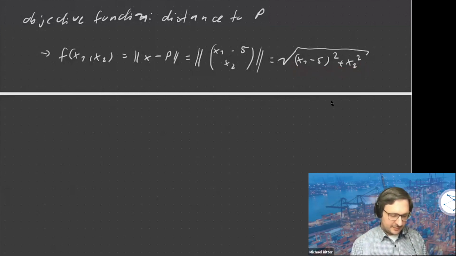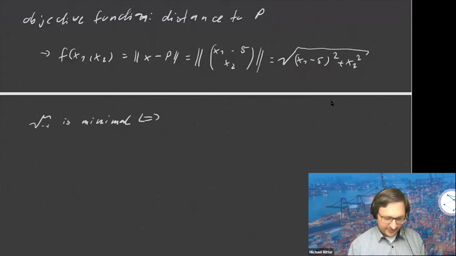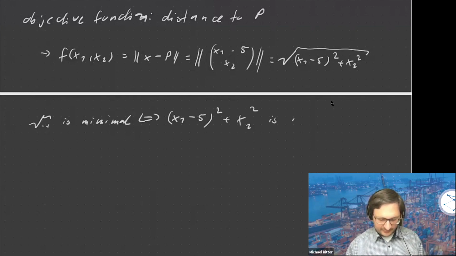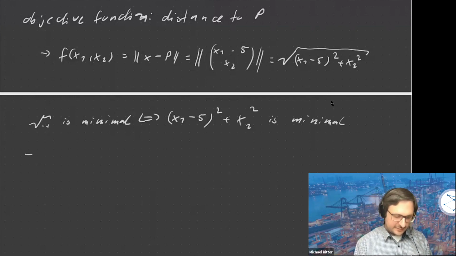Okay, so that is minimal if and only if that inner function here, (x1 minus 5) squared plus x2 squared, is minimal. So let's take this as the objective and forget about the square root.